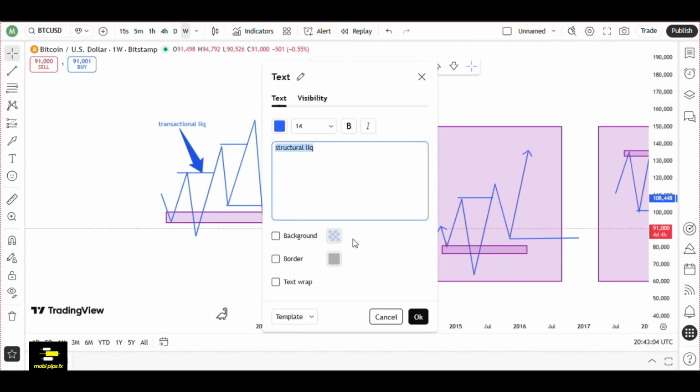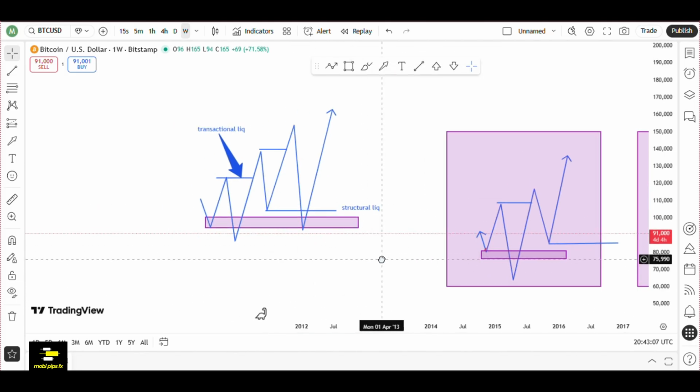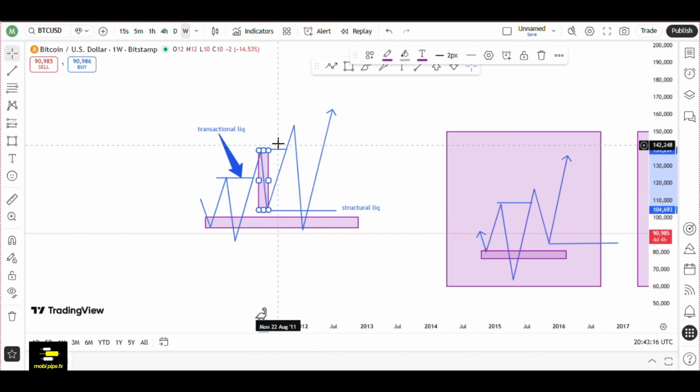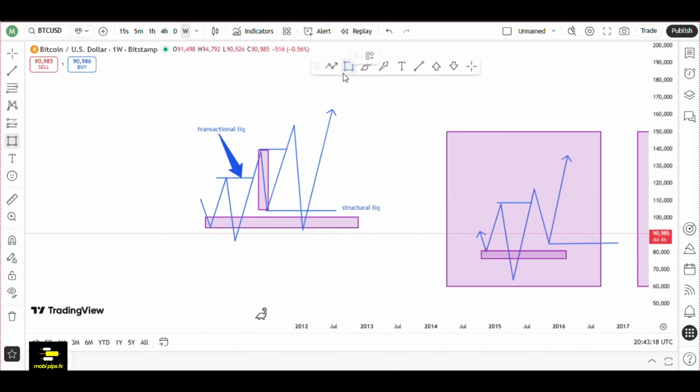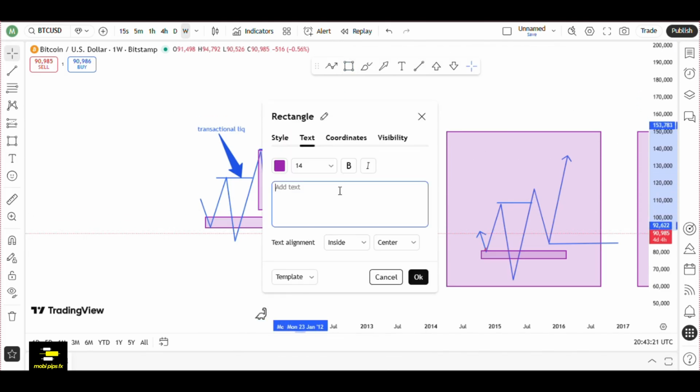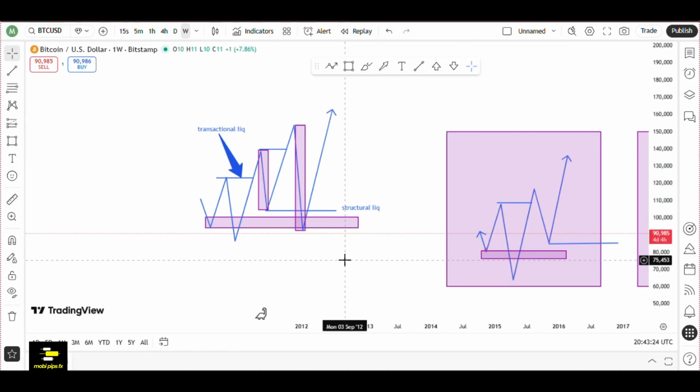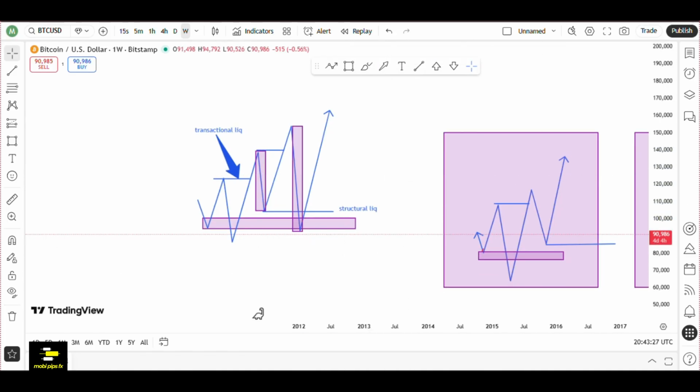That's our structural liquidity. All right. So correction 1, that is our correction 1 here, and correction 2 right here. Guys, I hope you are getting it.